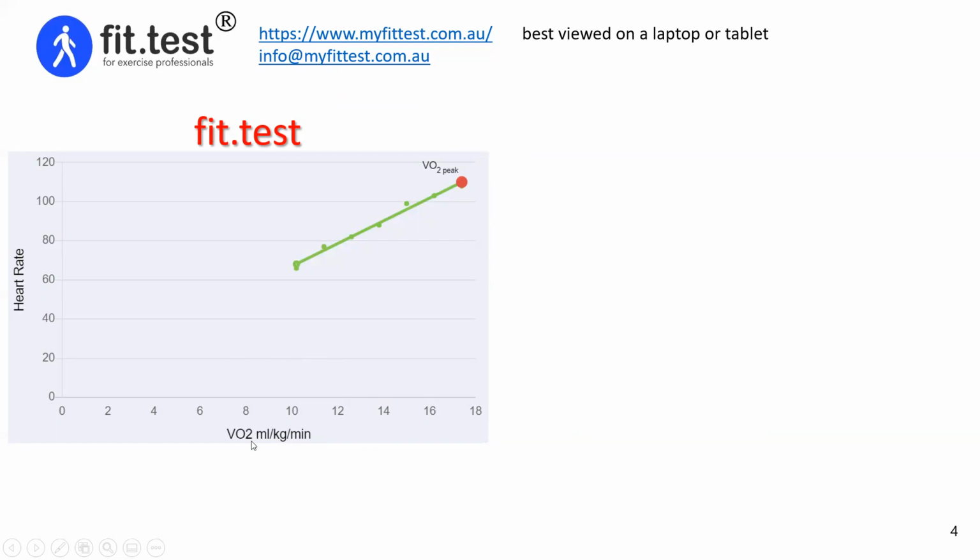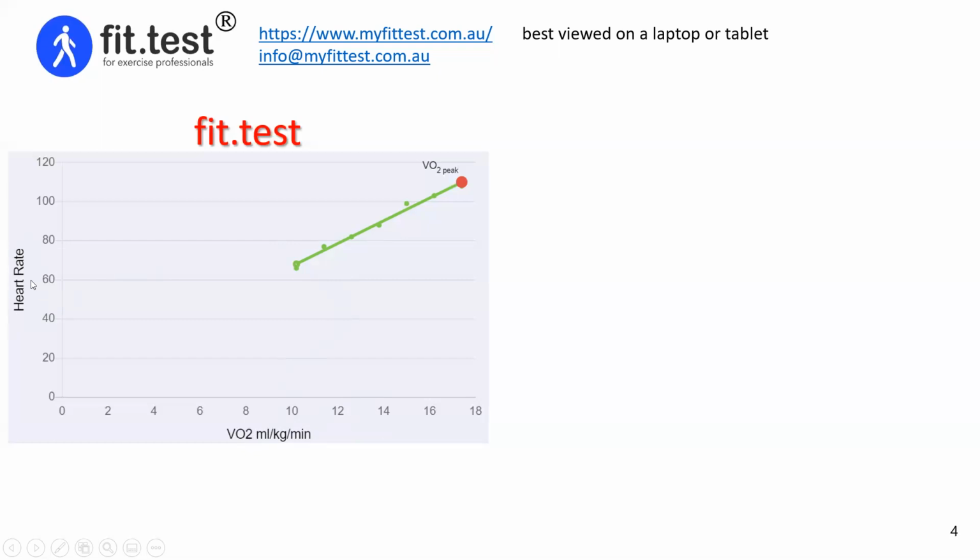First of all, the x-axis, where there are estimations of VO2 for each of these workloads. These are coming from the actual workloads measured on the ergometer, such as watts on a bike or speed and gradient on a treadmill, and then using the American College of Sports Medicine algorithms, converting those to estimations of VO2, which are then plotted against heart rate.